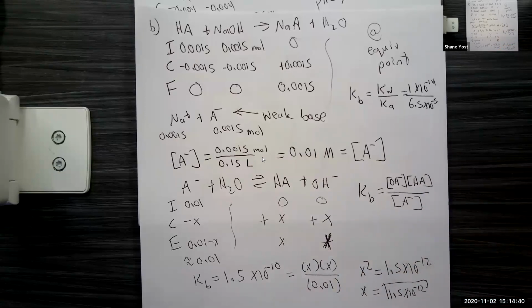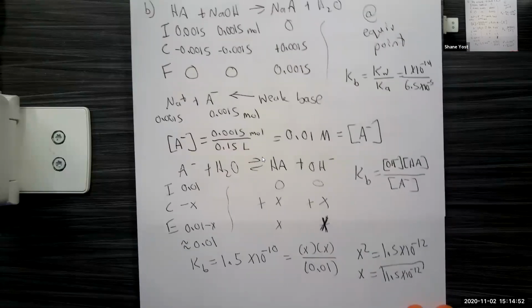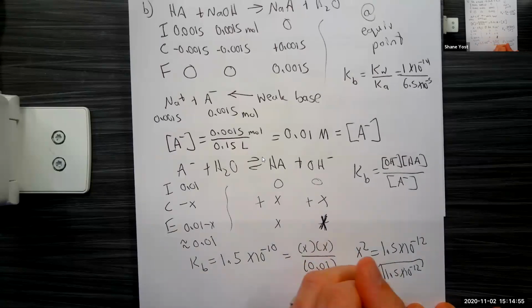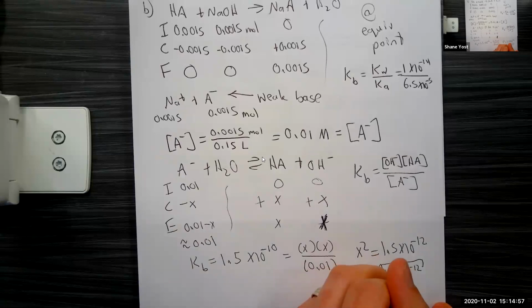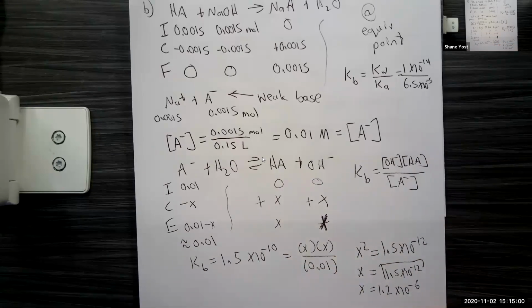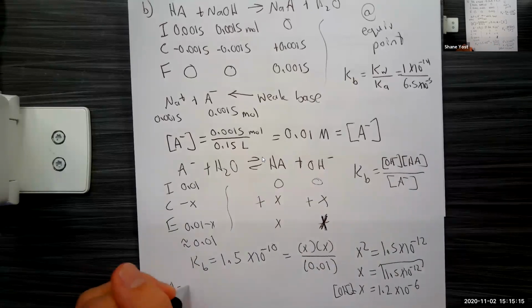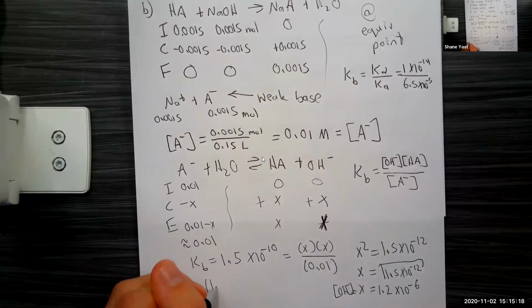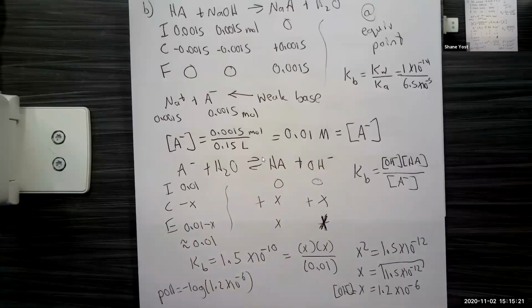And so X here is equal to the square root of 1.5 times 10 to the minus 12, and in this problem, X equals 1.2 times 10 to the minus 6, okay? That X, again, is the equilibrium concentration of OH minus. So I can get the pOH by taking the negative log of 1.2 times 10 to the minus 6.